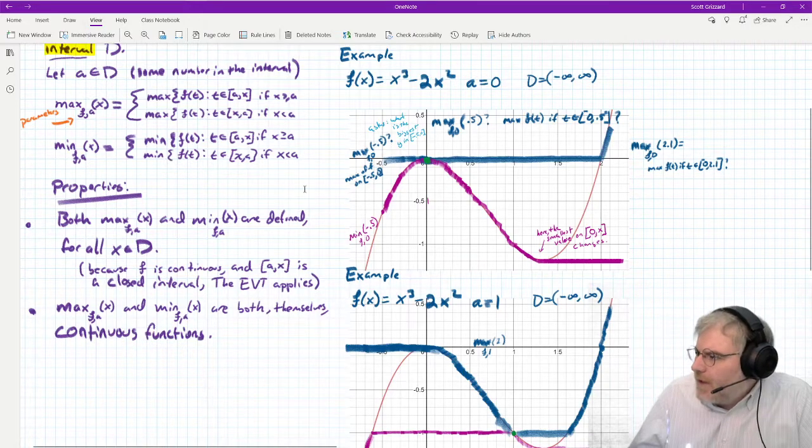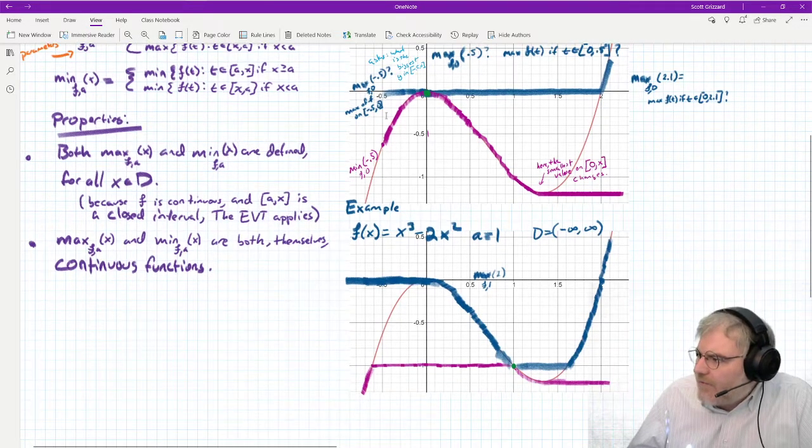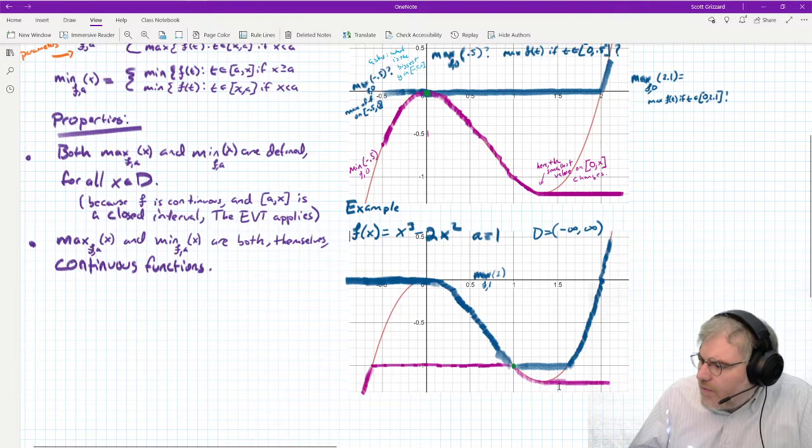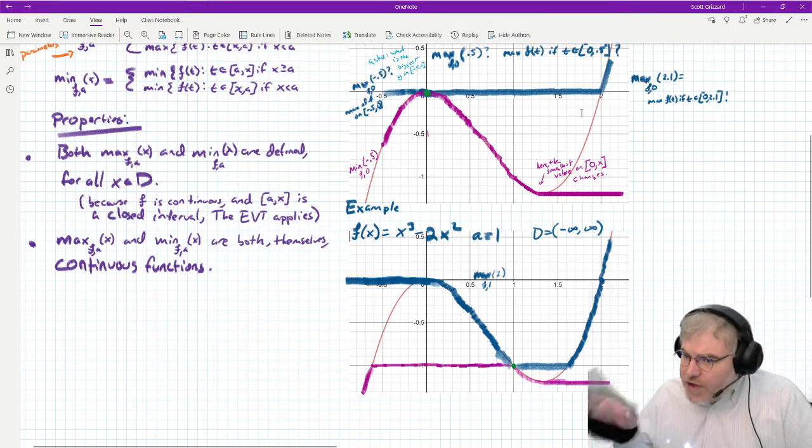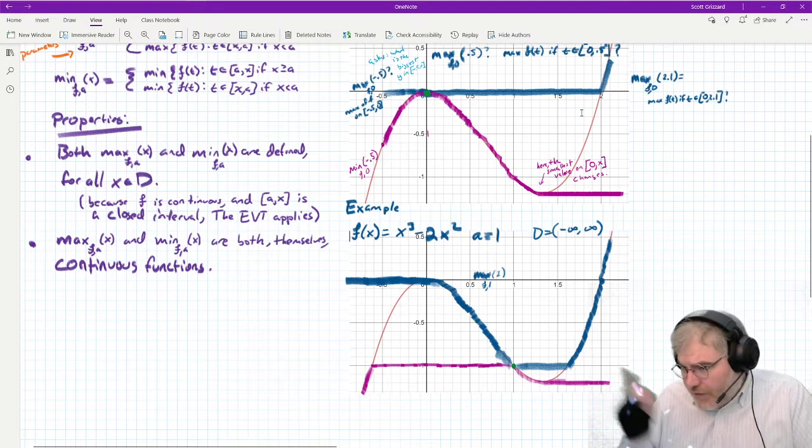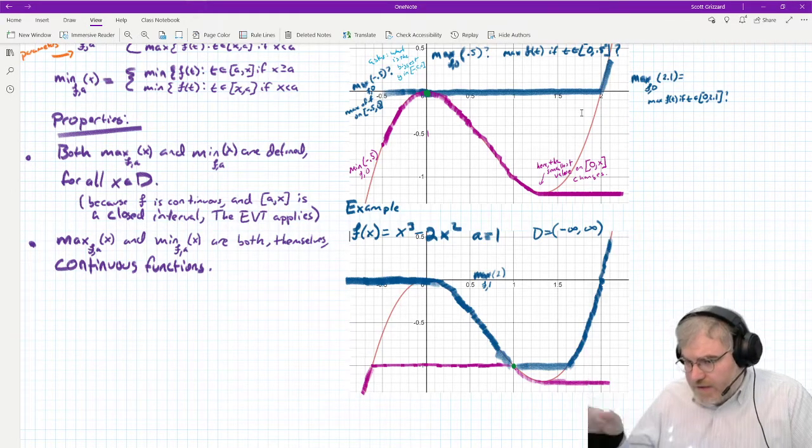And you can see that from the graph here. I've got two continuous functions. This blue line here is continuous, and this purple line here is continuous. Same thing here. This is continuous, and this is continuous. It's not differentiable everywhere. It doesn't have to be differentiable, but it is continuous.